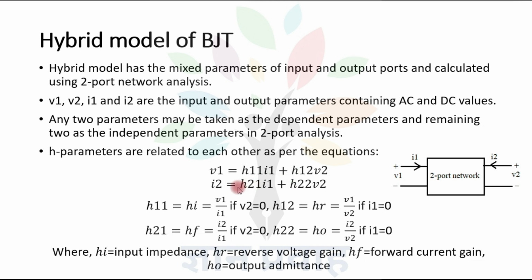H11, H12, H21, H22, these are the H parameters. H11 is calculated as V1 upon I1 when V2 equals 0. V2 equal to 0 means short circuit. When the output side is short circuit, then we can calculate H11 and H21. H21 is I2 upon I1 if V2 is short circuit or 0.